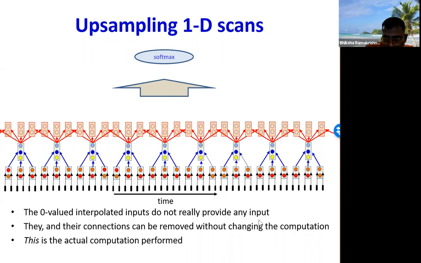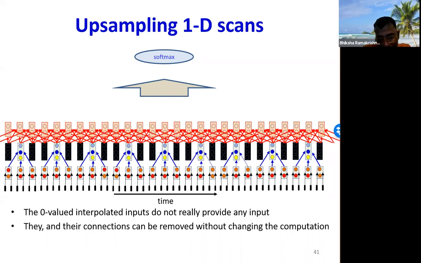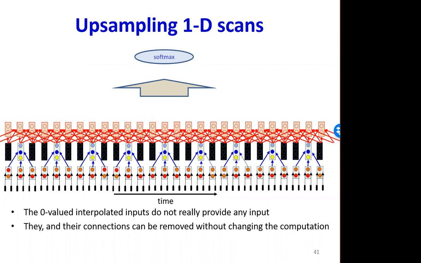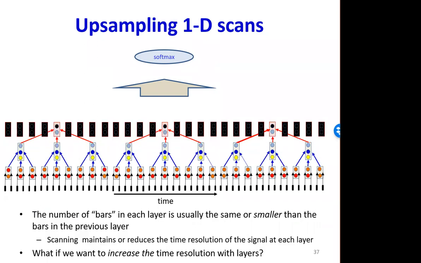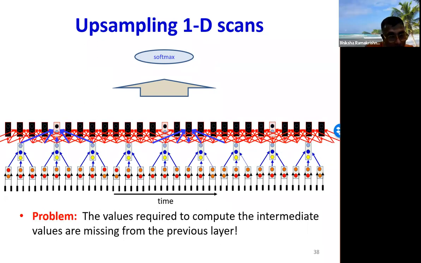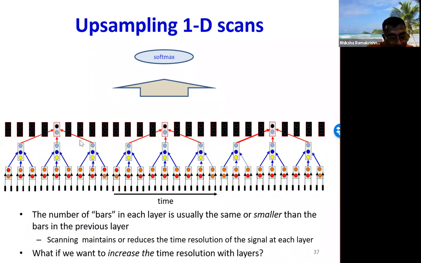Can we reset width equals 1 in the second layer? Can you explain yourself? I'm not sure what you mean by that. Because this layer's width is 3, right? So can we reset to 1? Even if I have a width equals 1, having width equals 1 doesn't make a lot of sense here, but if I have width equals 1, these guys are all just going to be 0 valued, right?